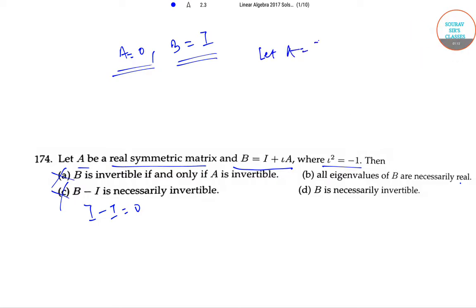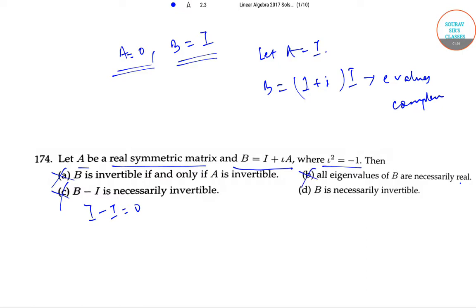Then let A is equal to I. Then clearly B is equal to 1 plus i, into capital I, and so all its eigenvalues would be complex.